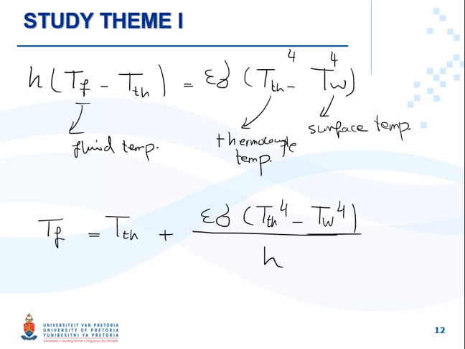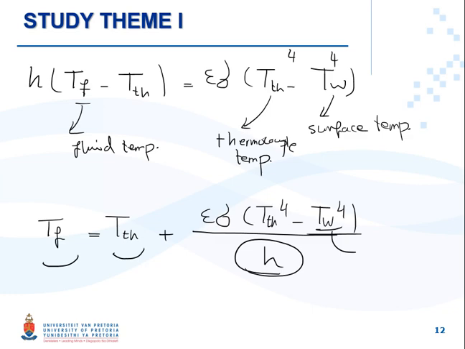So T_f is the actual temperature of the fluid, T_th is the temperature measured by the thermometer or thermocouple, T_w is the temperature of the surrounding surfaces, and h is the convection heat transfer coefficient. Okay, so you can use this correlation for all the questions related to the effect of radiation on temperature measurement.